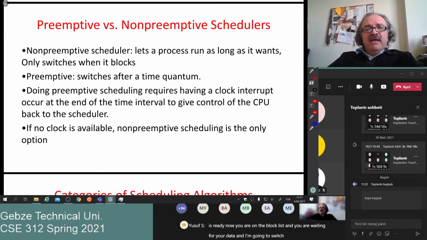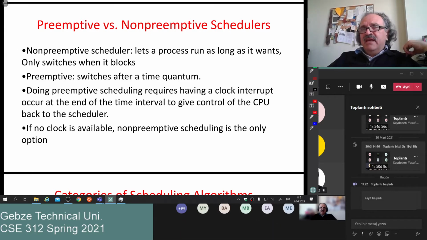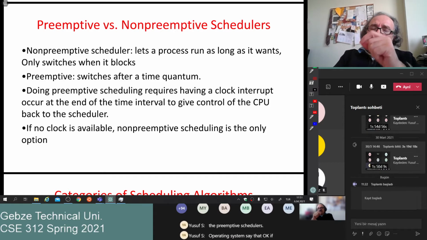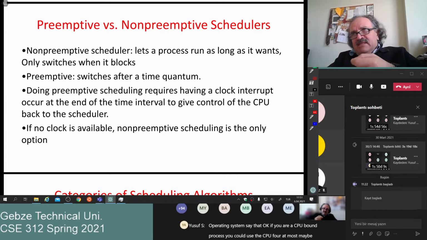So for the non-preemptive scheduler, the process runs as much as it wants, if it doesn't need any help from the operating system. On the other hand, for the preemptive schedulers, the operating system says that if you are a CPU bound process, you could use the CPU for at most maybe 50 milliseconds.